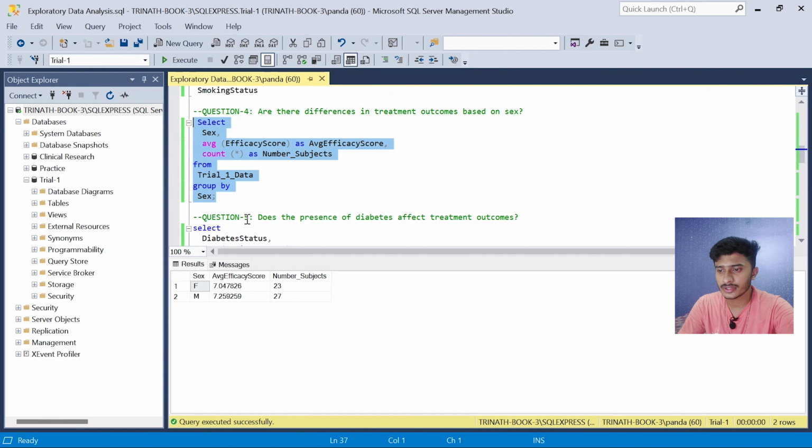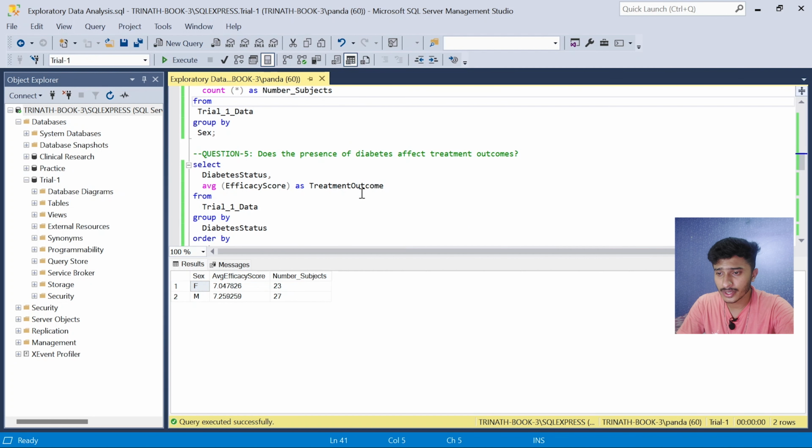So there is a slight difference between the number of male and female subjects. But we can conclude here that there is no difference in the treatment outcome based on gender. There is no major difference, just a slight difference.